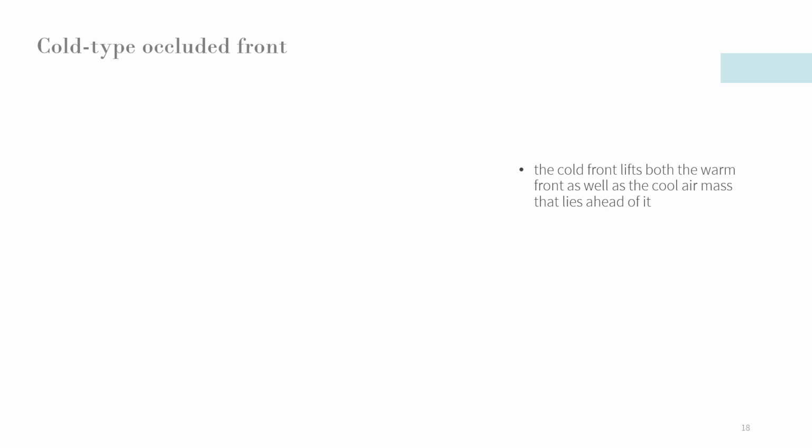So therefore, the fully developed cold type occluded fronts often resemble the cold fronts in the type of weather generated. So a cold type occluded front occurs when a cold front overtakes a warm front, lifting the warm air off the ground.